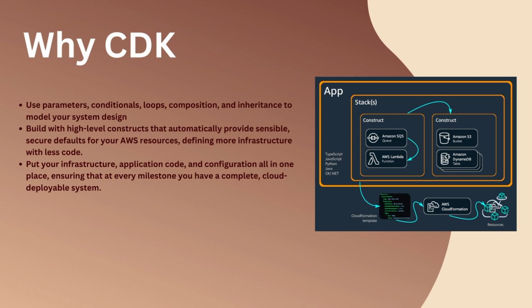You can take a look at this high-level diagram given by AWS on the right side. Here you can see that your app code, which is normally written in TypeScript, JavaScript, any of your language. Along with your application code, you can also define stacks, which is your CDK stacks, which internally consists of constructs.